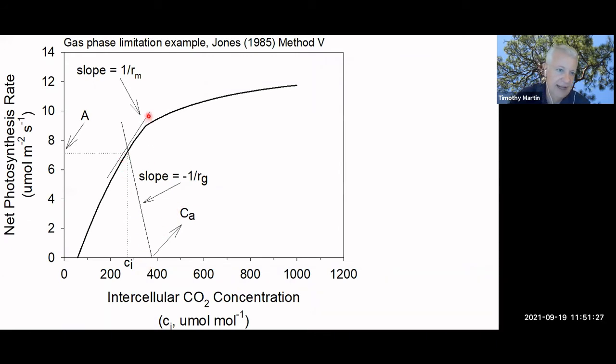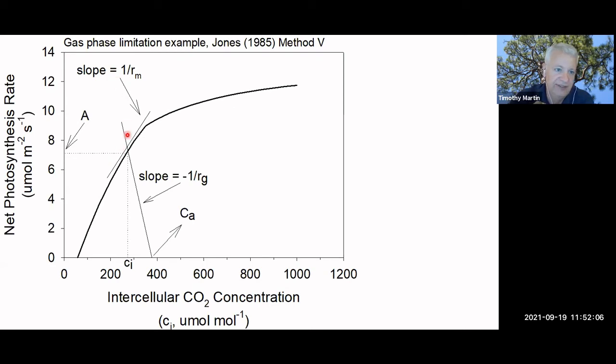Okay. And then this term, the slope of this line around that operating point is basically a non-gas phase conductance. So remember, the slope of this line at the operating point, when we talked before, is related to Vcmax, which is the maximum rate of carboxylation of Rubisco. So this is essentially the biochemical conductance.